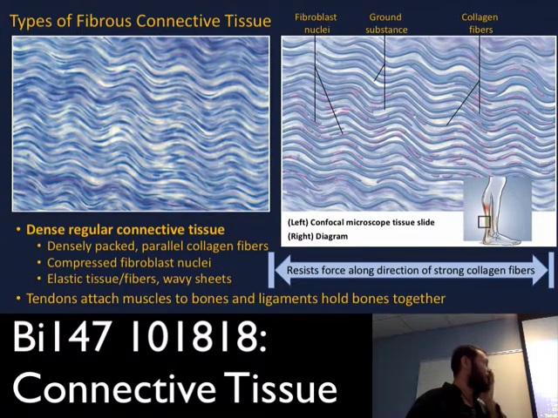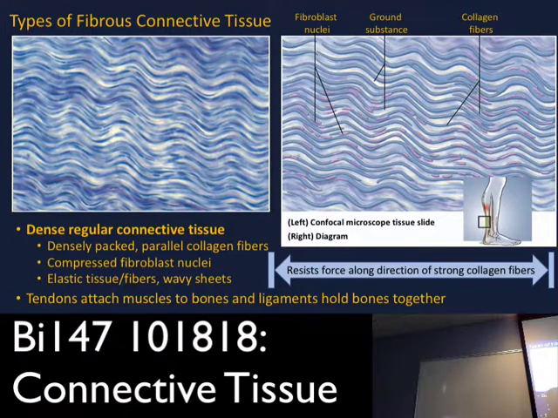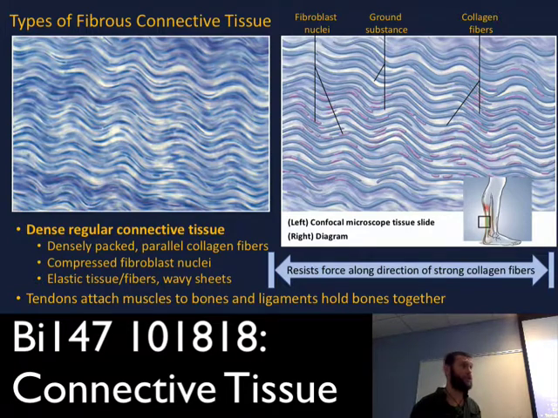Again, we saw all this stuff in lab, just to refresh your memory. There was dense, regular connective tissue. This was on the lab practical, I think. When you look at it, it's just a lot of collagen fibers in a row with fibroblasts, and it acts as a stout form of strong connective tissue so that a muscle it's connected to can contract and pull on a bone.